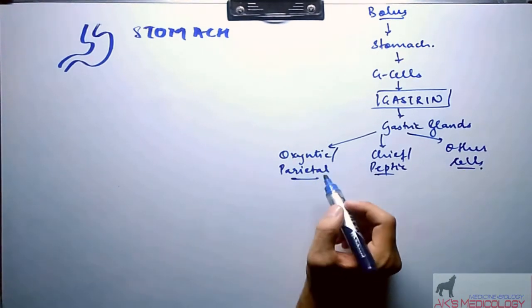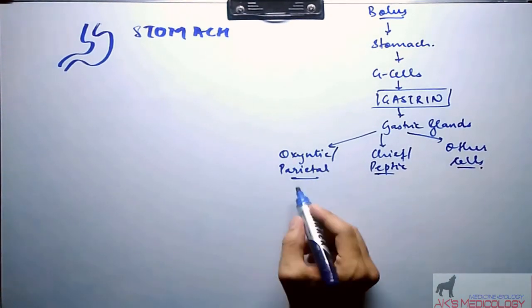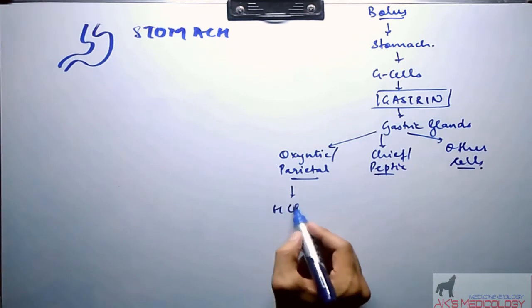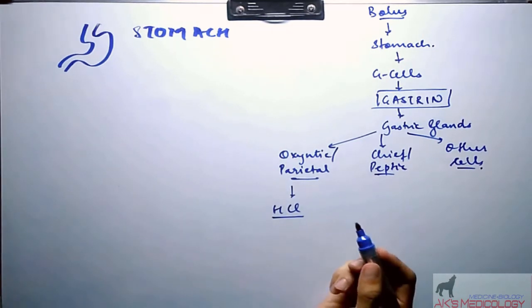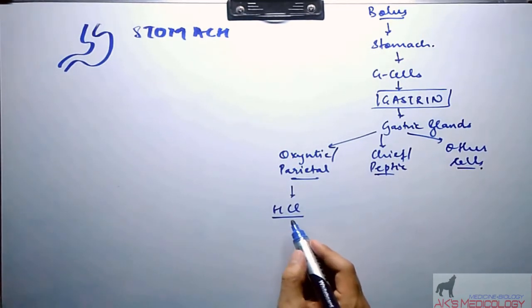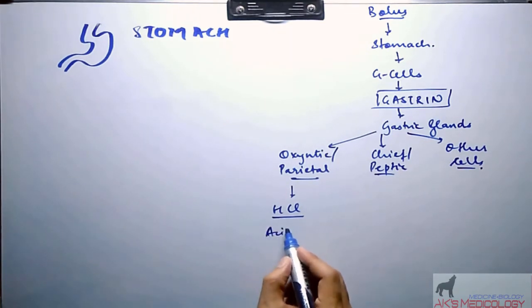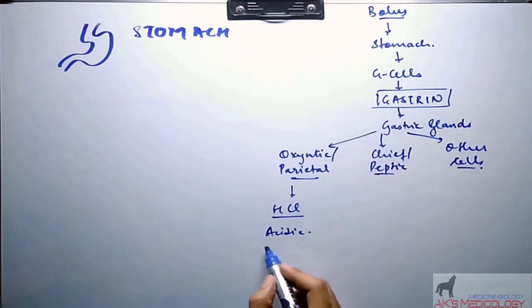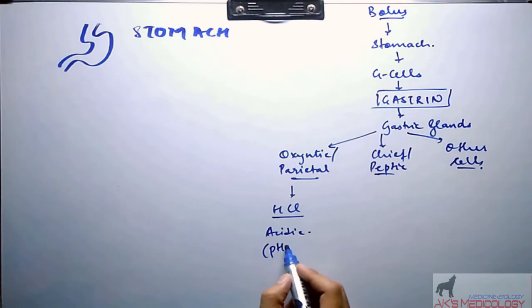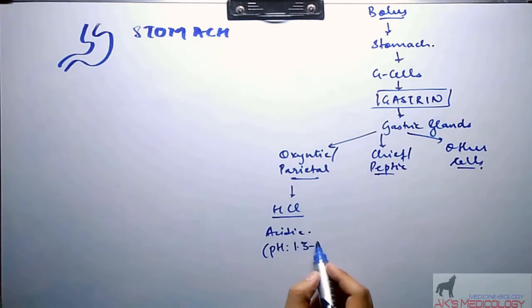When oxyntic or parietal cells are stimulated, hydrochloric acid is released, thereby making the medium inside the stomach acidic, of a pH of about 1.3 to 1.8. That is highly acidic.